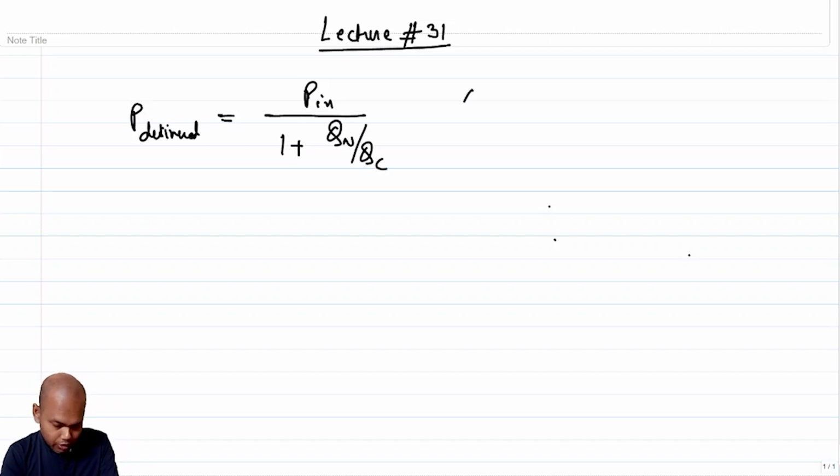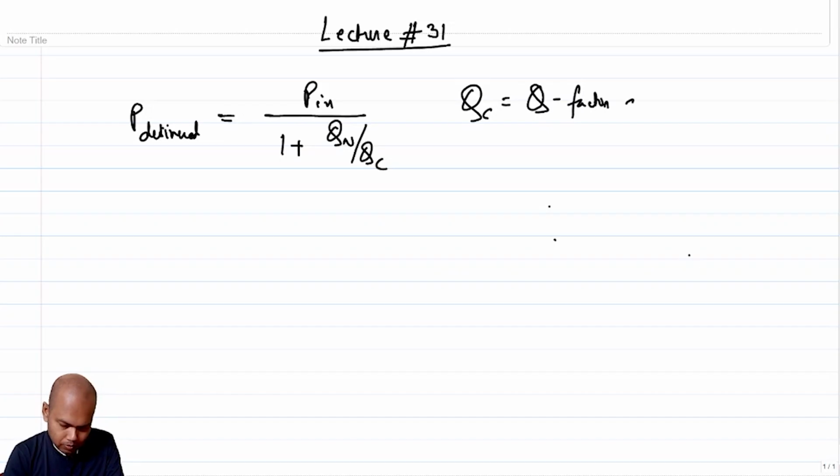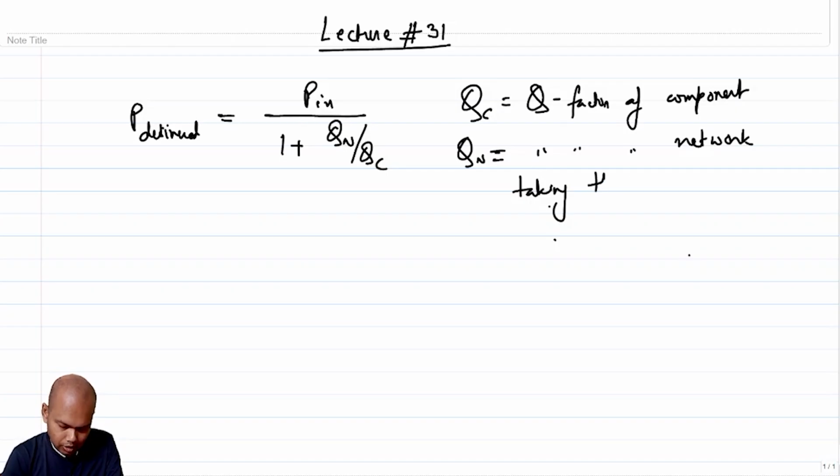Where Qc is the Q factor of the component and Qn is the Q factor of the network, taking the load resistor into account, right?